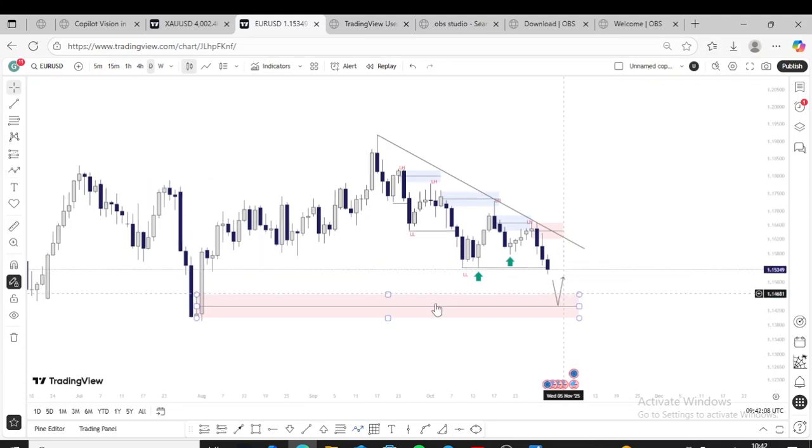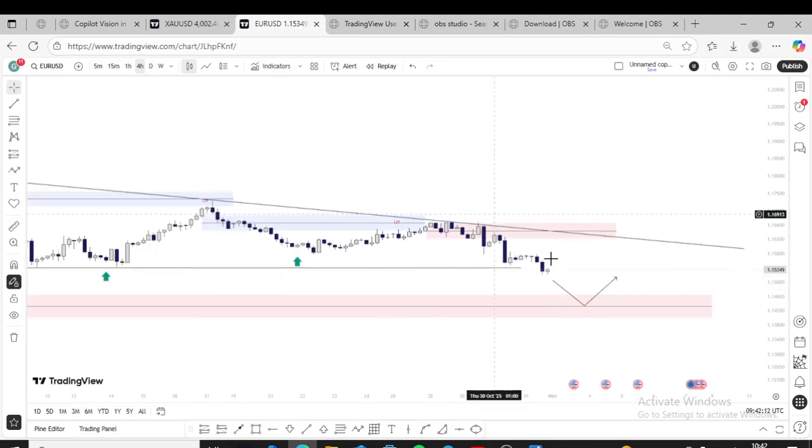What I just need to do is go to the 4 hour time frame and allow the market to shift, to tell me that now buyers are stepping in.